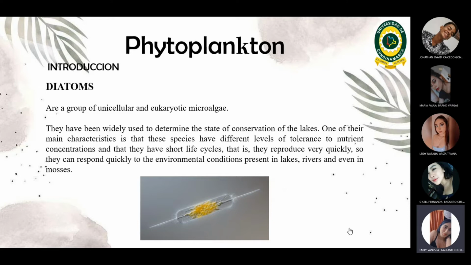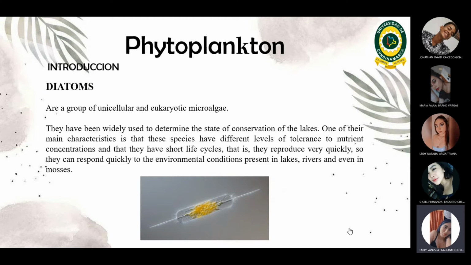They present photosynthetic pigments such as chlorophyll. A special feature of this type of algae is that they are surrounded by a unique cell wall made of silica, hydrated silicon dioxide, called a frustule.